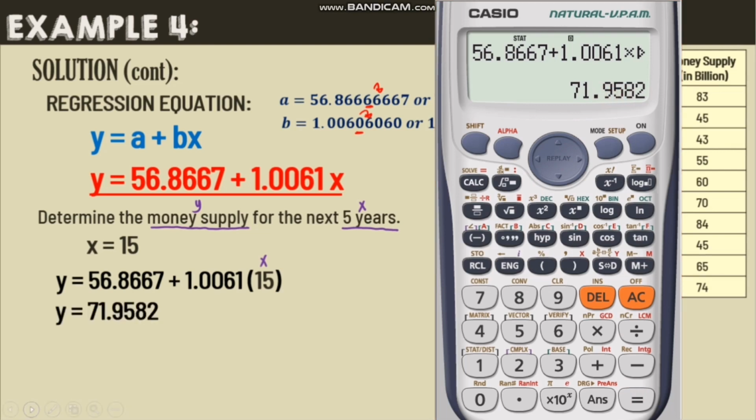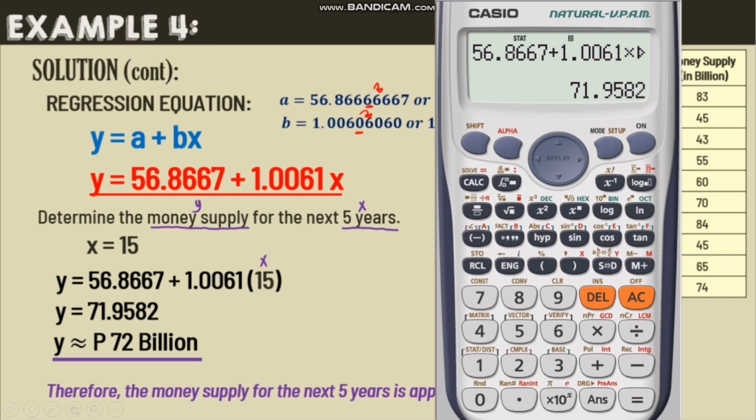Okay, so round off lang natin to ng whole number. So, since 71.9, so magiging 72 na siya. So, therefore, ang Y natin or yung money supply natin for the next 5 years will be 72 billion pesos. Okay? So, therefore, the money supply for the next 5 years is approximately 72 billion. Alright?